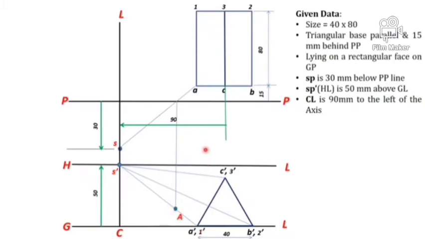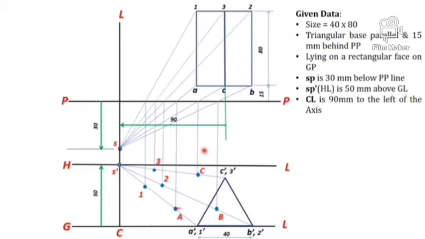You will get A. Then follow these steps to find the other perspective points. You can find B, C, 1, 2 and 3.